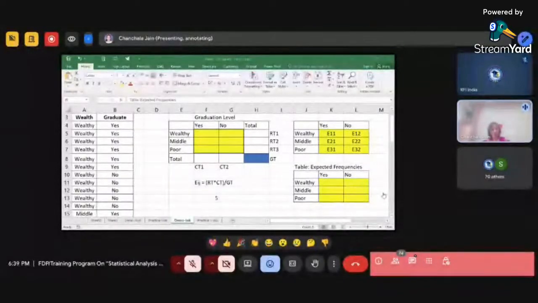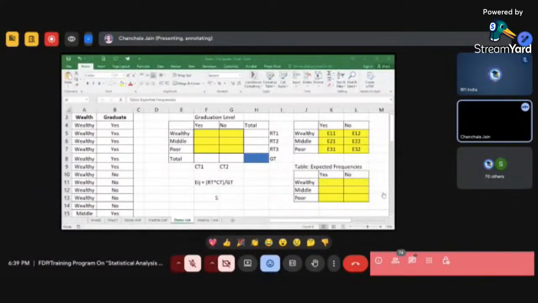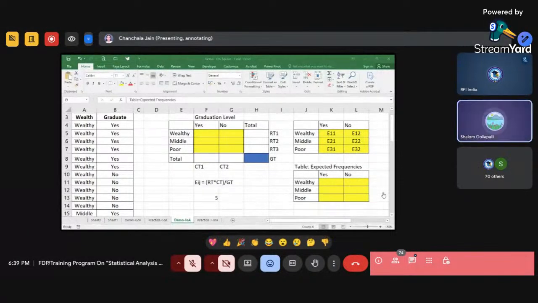But in the case of weight, I cannot count the weight. I can measure the weight, and weight has a value. That is the difference. You need to understand how you are measuring your variable. That is very important to understand.